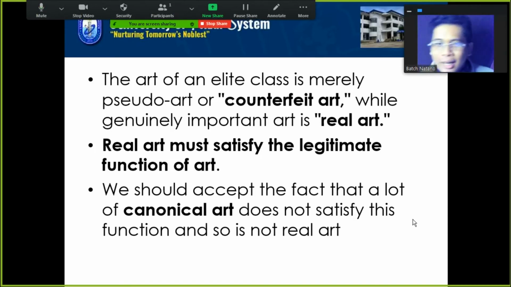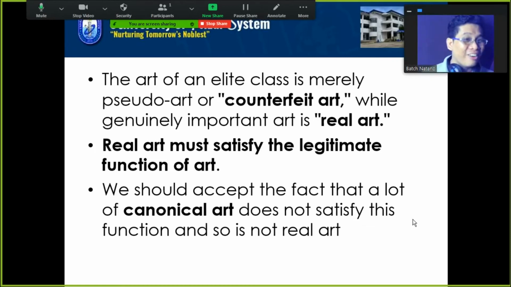Okay. The art of an elite class is merely pseudo art or counterfeit art, while genuinely important art is the real art. Taray ni Tolstoy na sinabi niya. Real art must satisfy the legitimate function of art. We should accept the fact that a lot of canonical art does not satisfy this function, and so is not real art. Ang taray niya rito, sinabi niya, no?